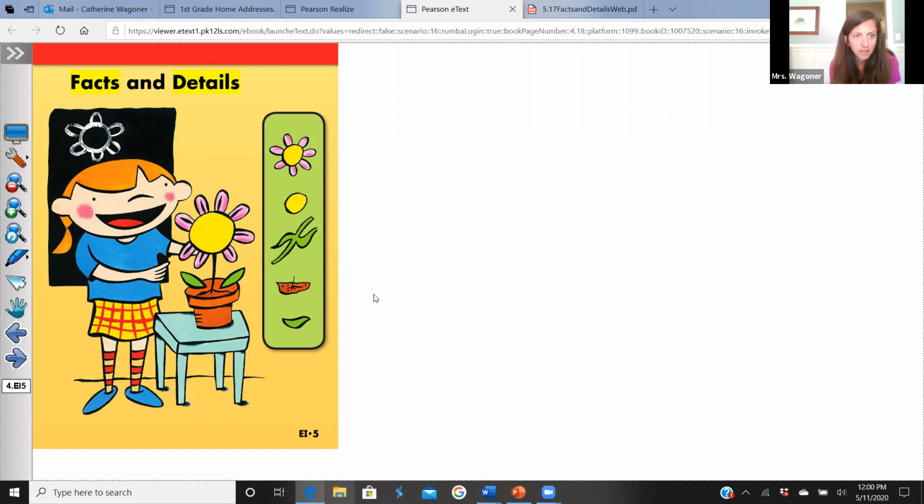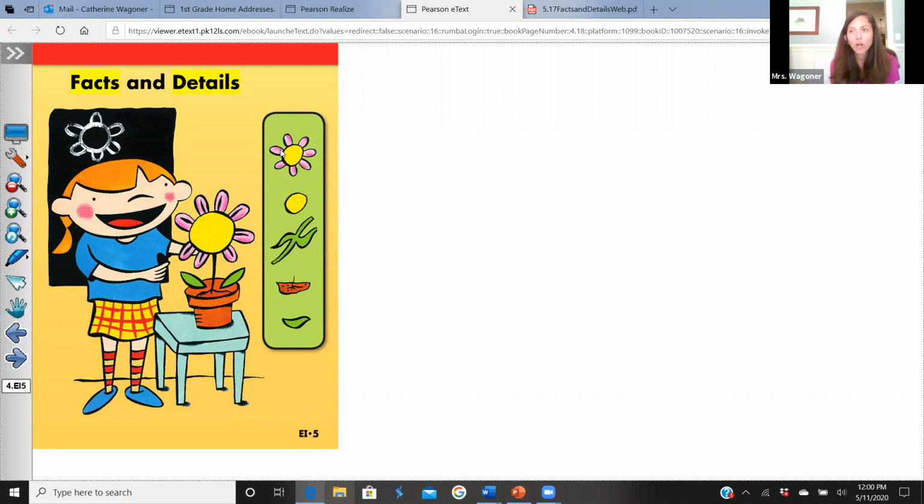What is she doing? So it looks like she's talking about the plants or presenting about the plants. What details help you know this? Well, she has a plant on the table and a poster on the wall, this green strip. It's kind of like a poster.